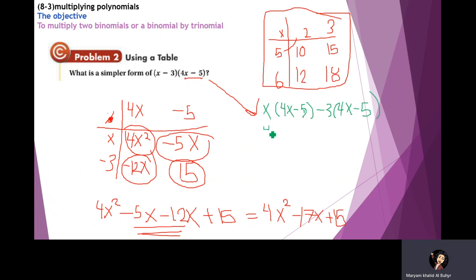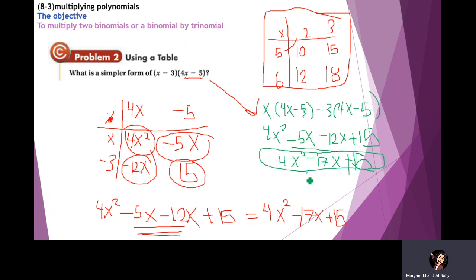Distribute, that will be 4x to the power 2 minus 5x minus 12x plus 15. Once you add these, negative 17x plus 15 and 4x to the power 2, which is exactly the same as this one. Exactly the same.